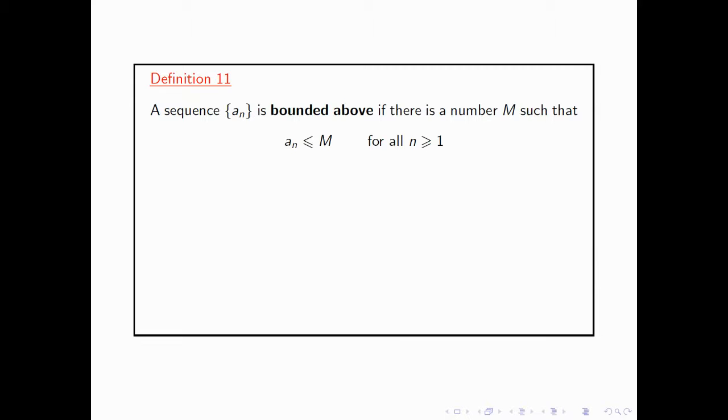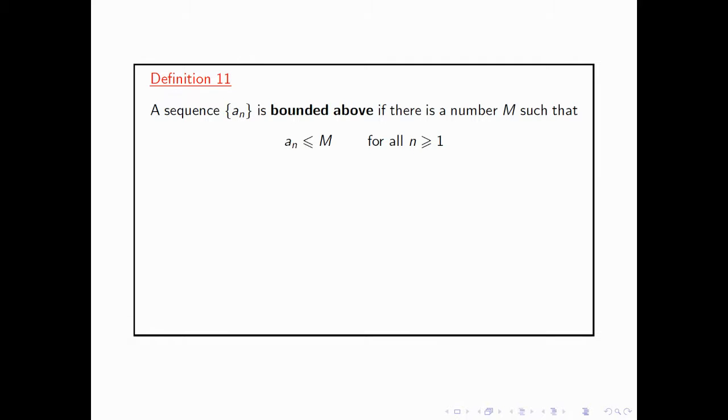So to understand the concept of a greatest lower bound and a least upper bound, we first need to understand the concepts of bounded above and bounded below. So this definition starts there. It says a sequence a_n is bounded above if there is a number capital M such that a_n is less than or equal to M for all n greater than or equal to 1, right?